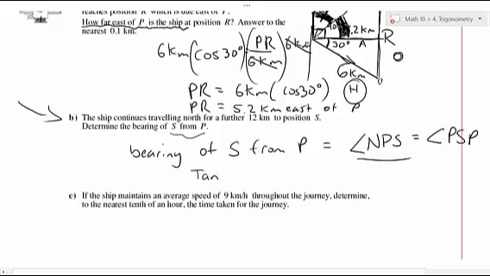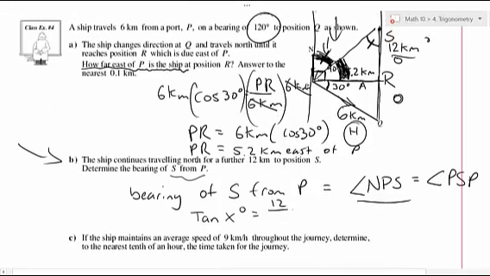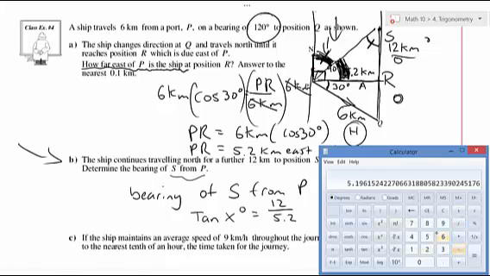So the tangent of x degrees equals our opposite, which is 12, over our adjacent, which is 5.2. Let's throw that in the calculator. 12 divided by 5.2 equals that, and then we put the inverse tangent, and that is 66 degrees.